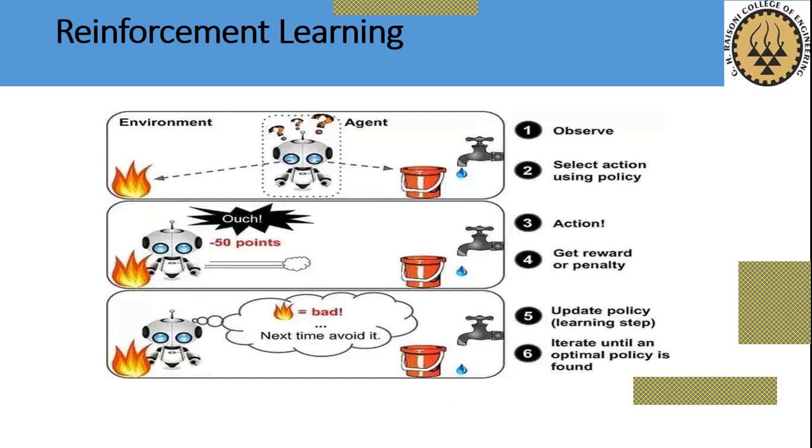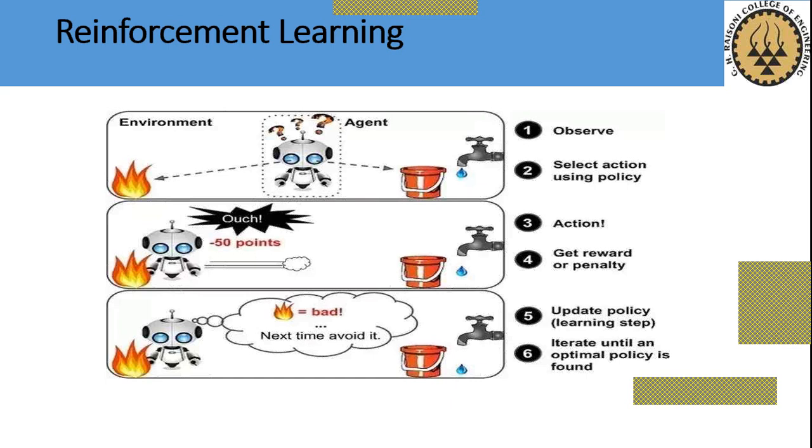So let us consider at the third stage he takes an action to move to the left hand side. When he moves to the left hand side, he gets a penalty, not a reward, because when he touches the fire, he gets minus 50 points.